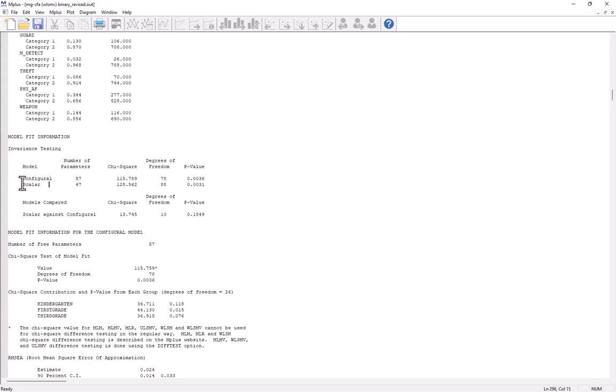Therefore, we conclude that there is scalar invariance. So the factor loadings and thresholds are invariant across the three grades, first, third, and fifth.